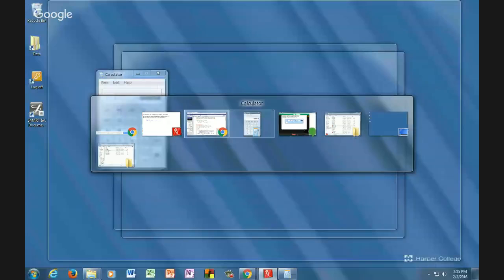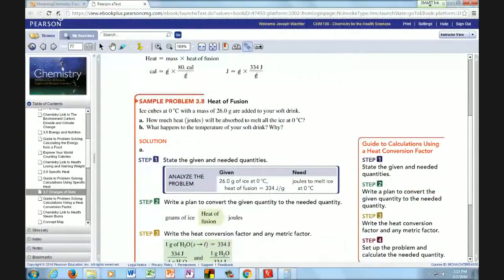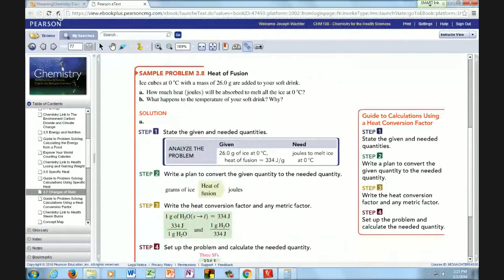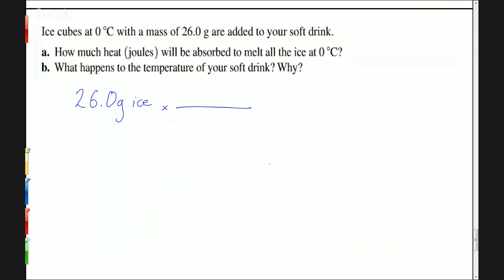So we can look at those numbers. The heat of fusion of ice, which you don't need to memorize, is 334 joules per gram. That means every gram of ice takes 334 joules of energy to melt. So 334 joules per gram.